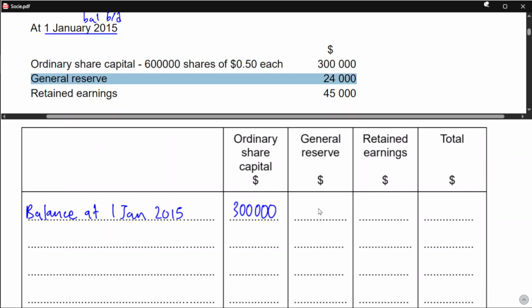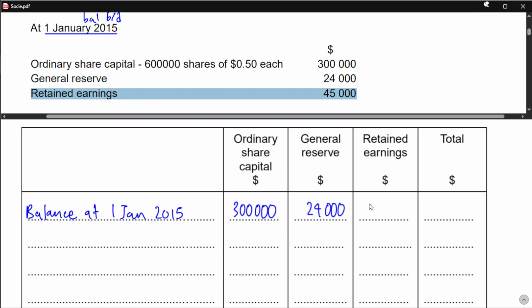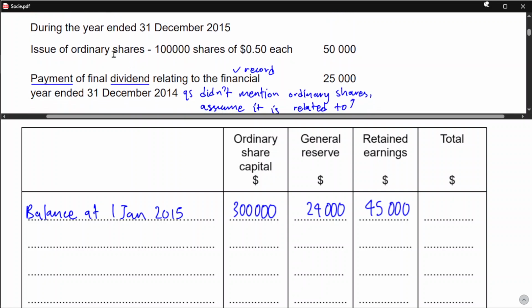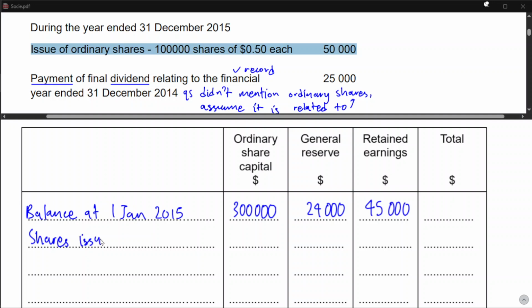General reserve is 24K. Next, this one is a share issue of 50K related to the ordinary shares, so for ordinary shares you put 50K.